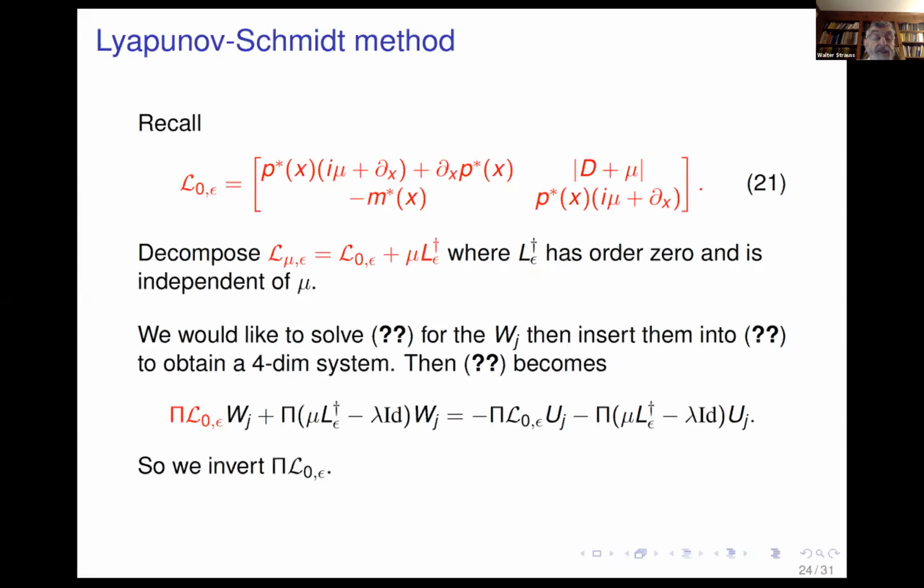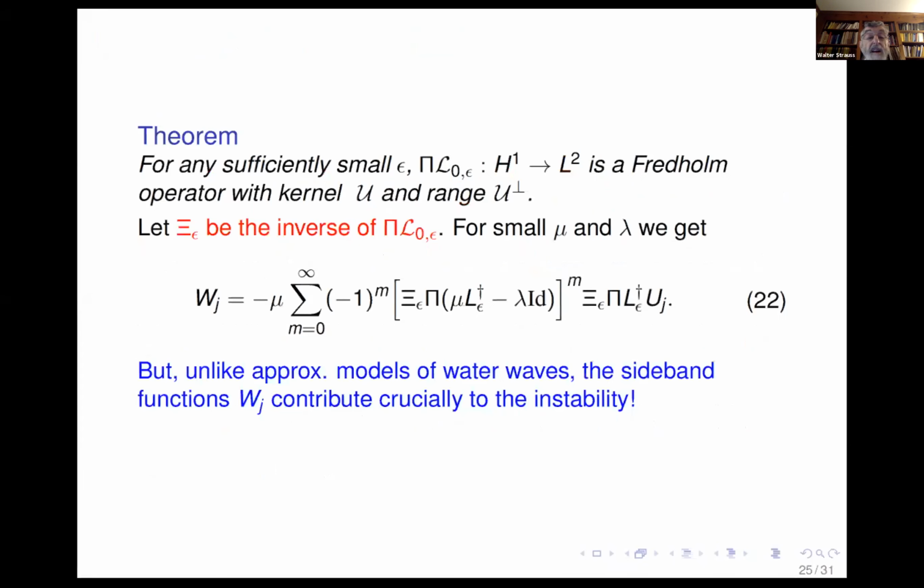And pi L0 epsilon, we have to invert that to find a formula for WJ. So we do that. And we call the inverse Xi epsilon, which I wrote in red here. And that inverse is a good inverse. And we can write down the solution.